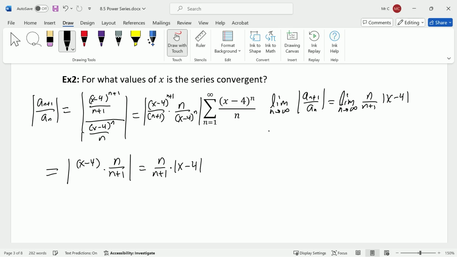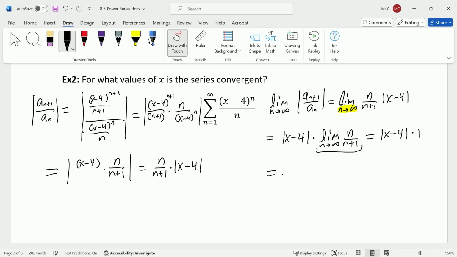And since x is treated as a constant with respect to this limit whose variable is n, we can pull the absolute value of x minus 4 outside of the limit. And we get this limit. And this limit, I'm going to skip writing out all the computation because we've done so many of these at this point that you know that that limit is going to be 1.